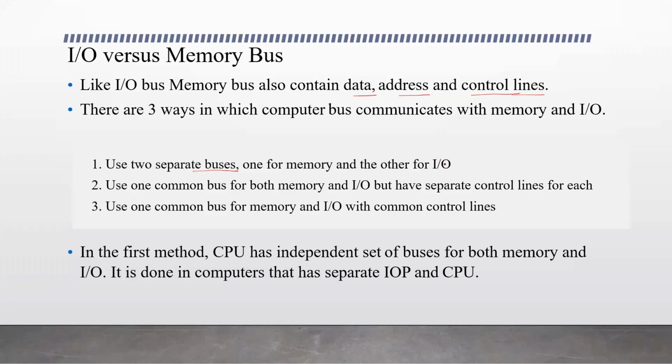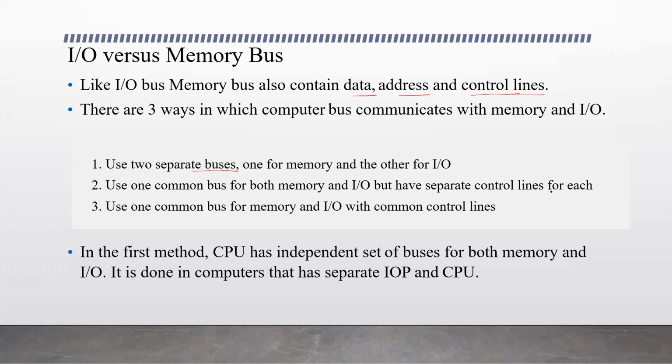The second way to connect these components is to use one common bus for both memory and I/O, but have separate control lines for each. For the processor to communicate with memory and the I/O device, there is a common bus, but the operations are controlled.